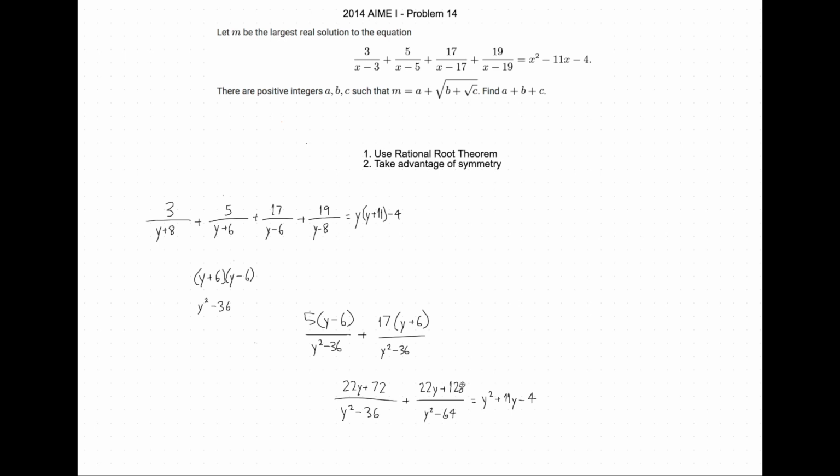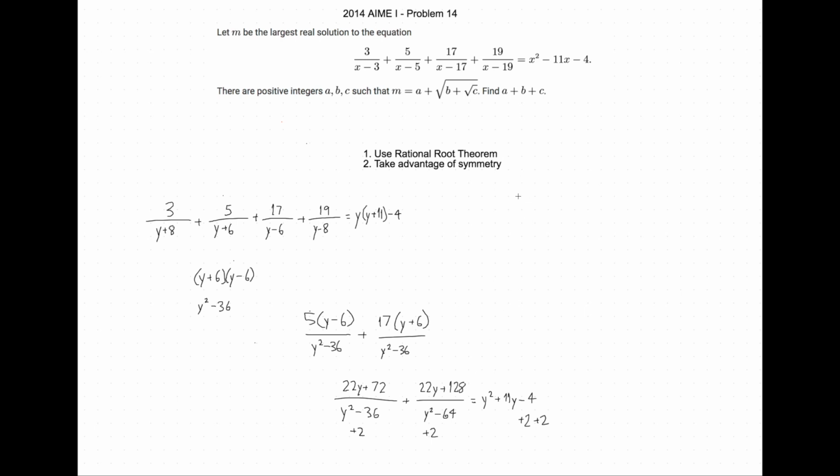That will cancel out the 128. So we want to add 2 to both of these. And luckily, we have a 4, so we can distribute this 4 to these two terms and hopefully cancel out this 72 and this 128.